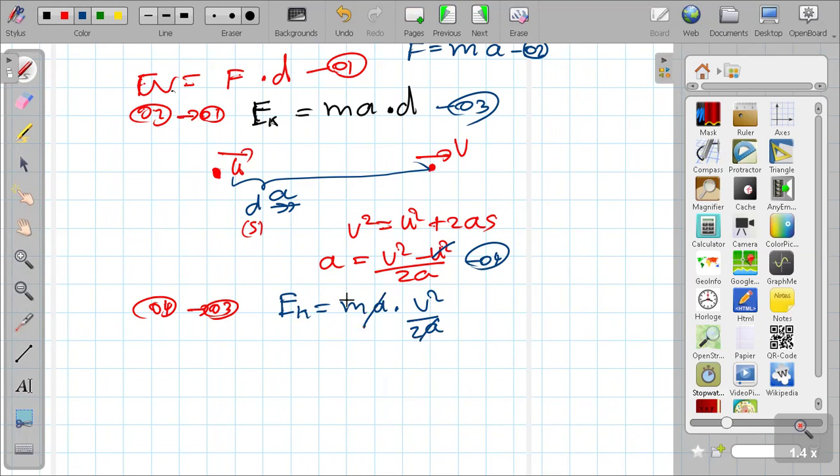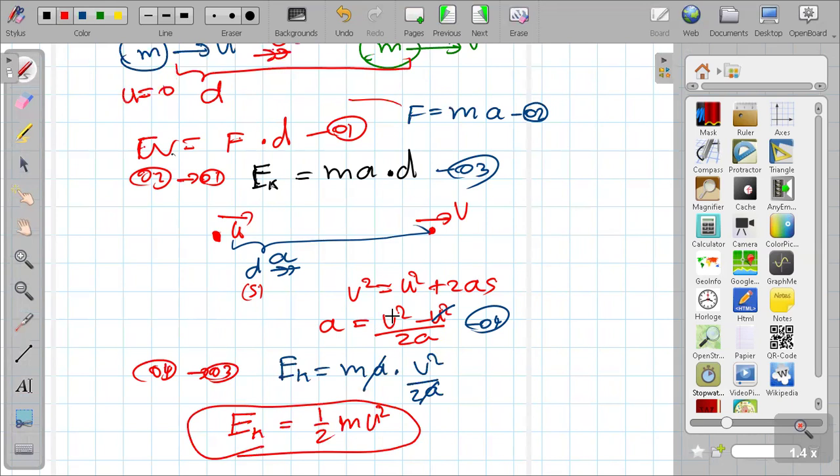A and a cancel off. You finally get the equation of half m v squared. Something you have already known since your O level.